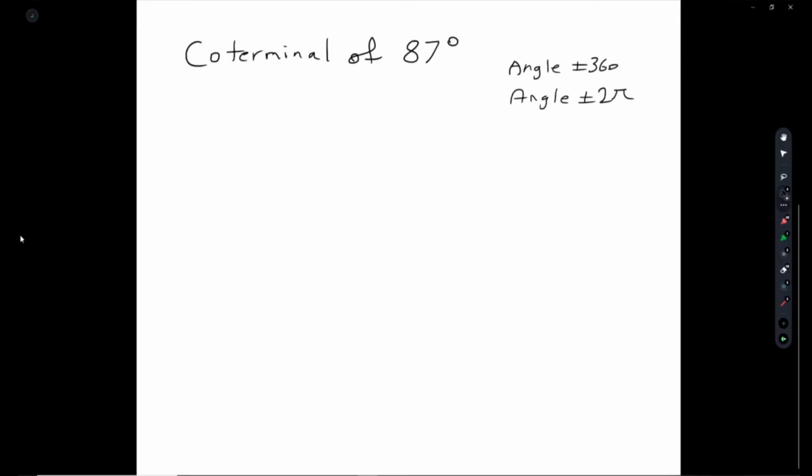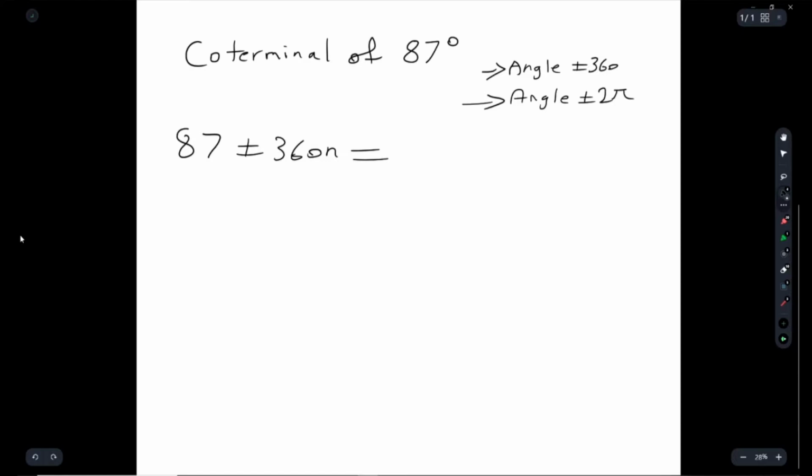Now, following the rule we just learned, to get the coterminal of a degree angle, you add or subtract 360. So 87 plus or minus 360, since it's a degree angle. If it was radians, we would use the 2 pi. And 360n. So you can imagine all the possibilities we can get here. There are so many options.